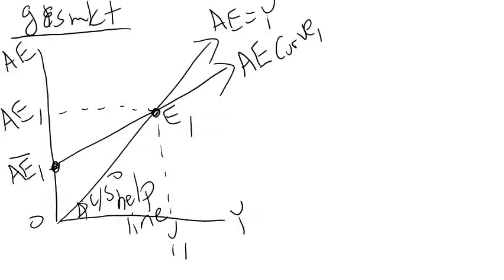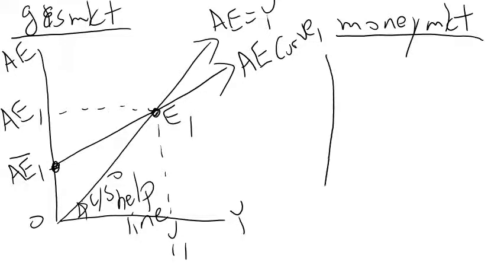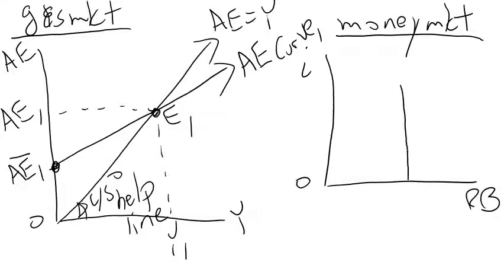And here we have the money market. All right, so interest rate, real balances, M, nominal money supply, P, general price level. Let's call this M1, let's call this P1. Together M1 over P1, that's the real money supply.